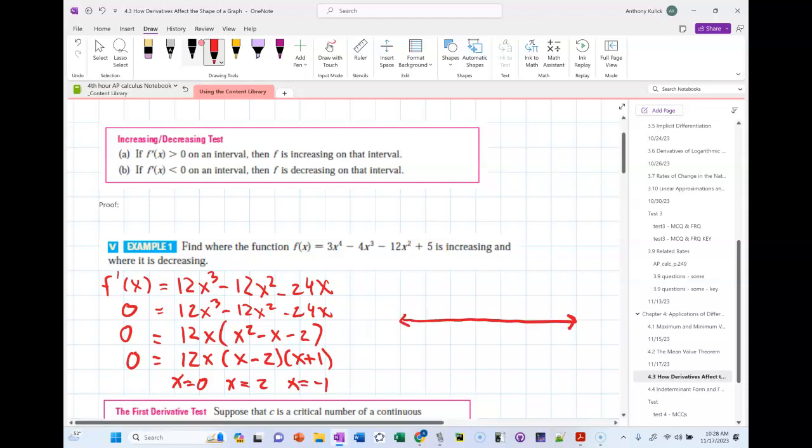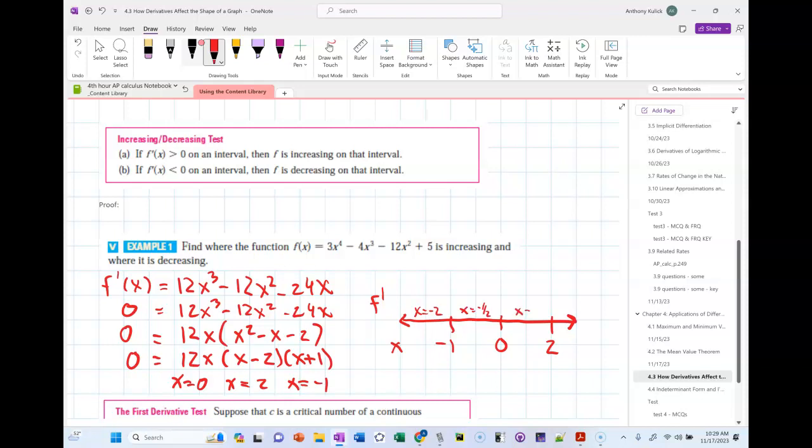So now what I'm going to construct is a sign diagram, like we did in pre-calc to solve polynomial inequalities. So I'm just going to pick a test value that lies somewhere inside of each interval. So something less than -1, something between -1 and 0, something between 0 and 2, and then something bigger than 2.